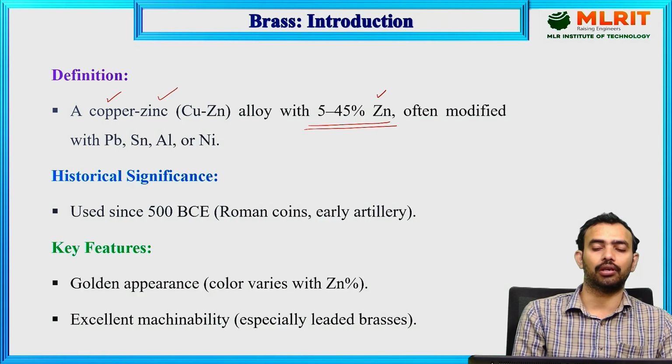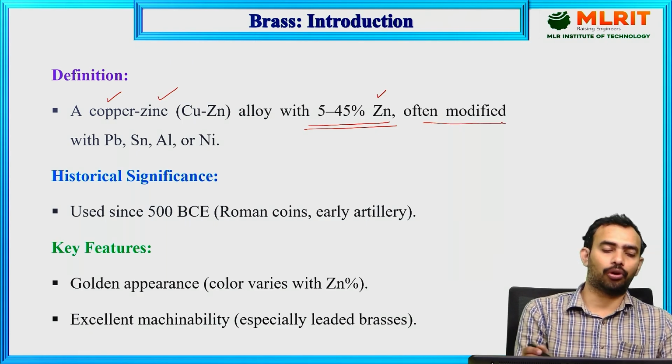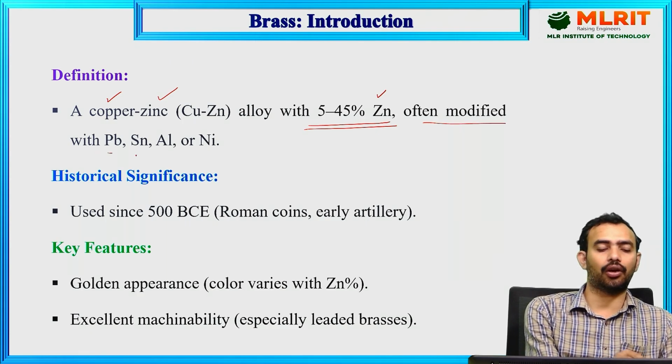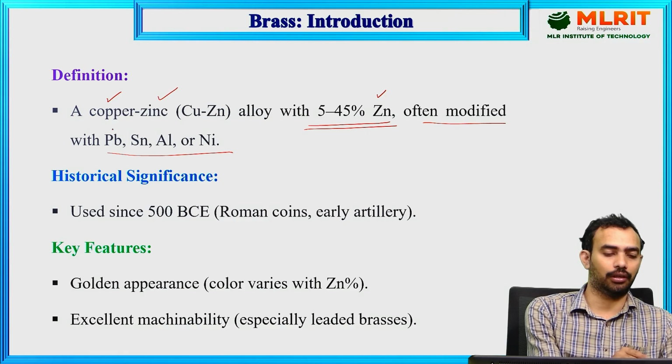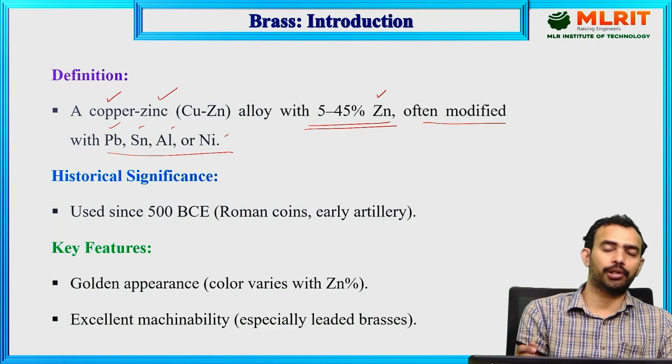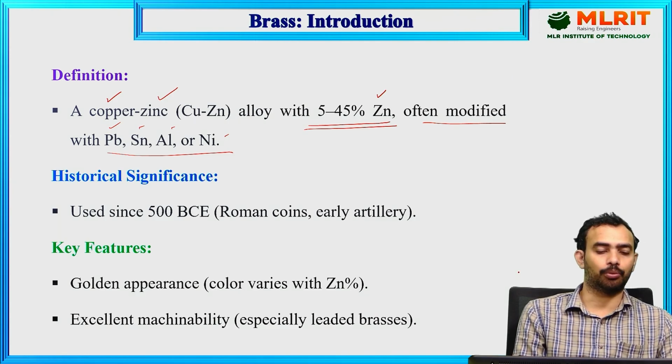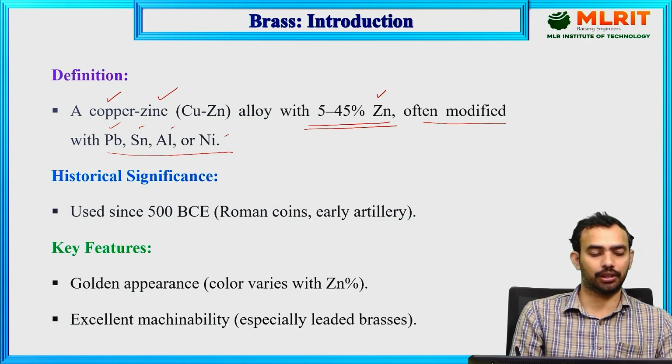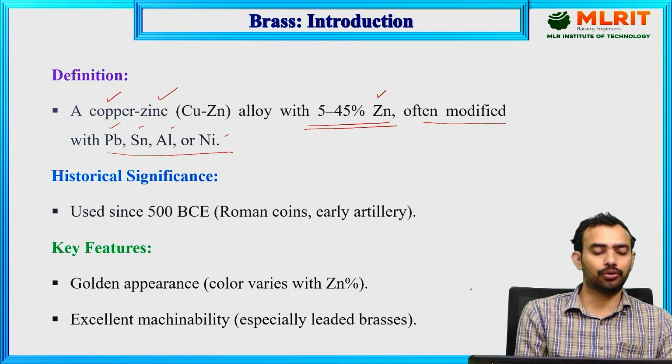It is soluble. It is often modified with other alloying elements like lead, then we have tin, aluminium, and nickel. So it is often alloyed with other elements, but the primary alloying element is zinc. It is not something new.